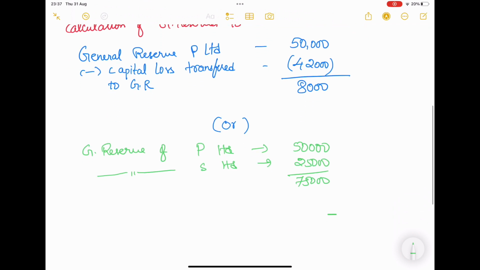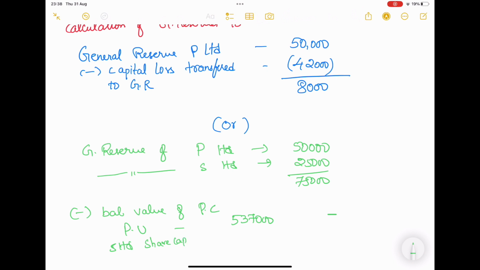Next, less the balance value of PC, meaning purchase consideration. How much are we having? 5,37,000 we are having, and less S Limited share capital.